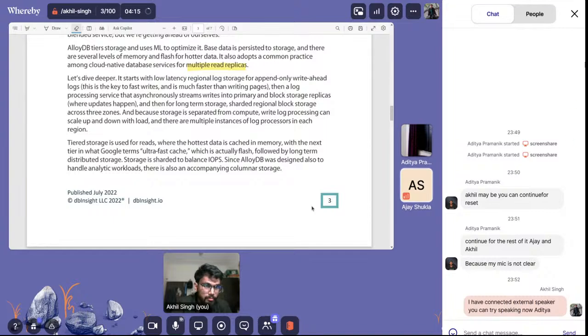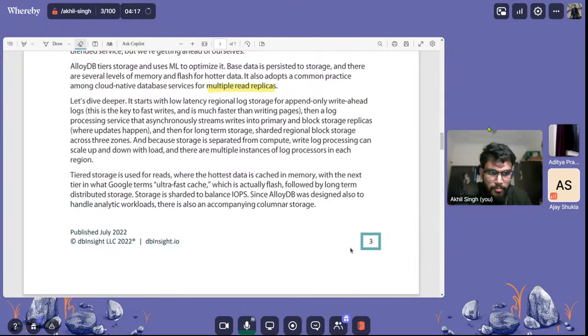Okay, I guess Aditya is having some challenge connecting with the audio. So what I understood from this is it is explaining the backend process of how this implementation does.